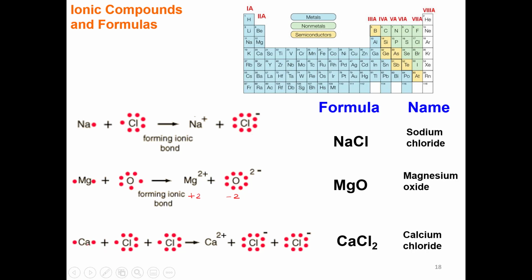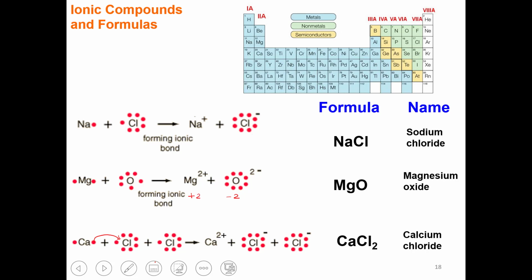Then what happened is, chlorine to be stable needs just 1 electron to complete 8 electrons in the outer shell. And if calcium transfers 1 electron to this one, let me write here, if calcium transfers this electron to this one, chlorine will be happy because now chlorine has 8 electrons in the outer shell, but calcium needs to lose 2 electrons to be stable.